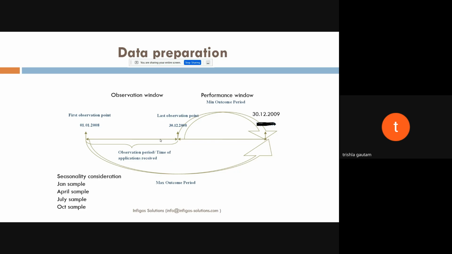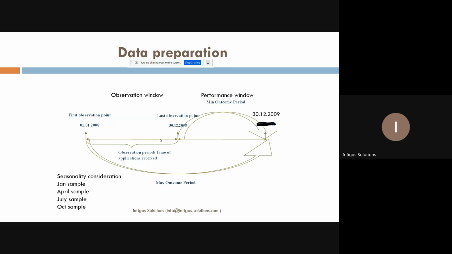Okay, and so when we have cross-sectional data, then there is no point of any observation window and performance window because we have just one row per customer, right? Yes, ideally you should have multiple entries for one customer across different points to make the utilization variables, like how much utilization has been done in 6 months, how much in 3 months.